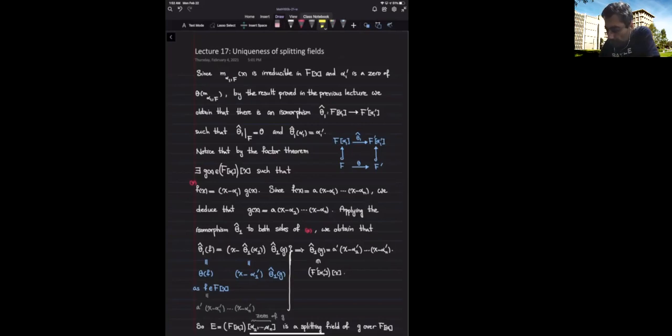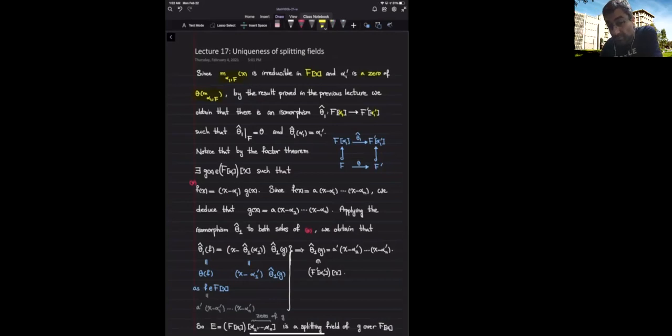Now, because this is an irreducible element inside F bracket x, and this is another copy of this irreducible element, alpha 1 was a zero of this irreducible polynomial, and alpha 1 prime is a zero of the other copy of this polynomial.